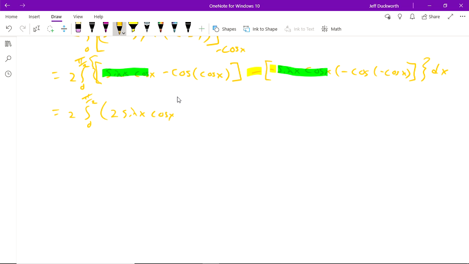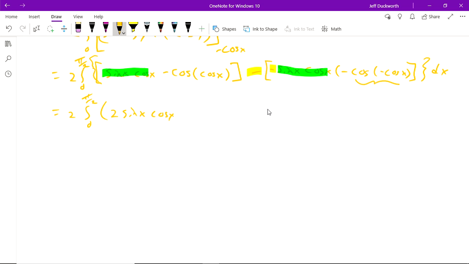And cosine of negative cosine x, so this here is going to be the same as cosine of cosine x, because cosine of a negative is going to be the same as cosine of the regular, given the even function.